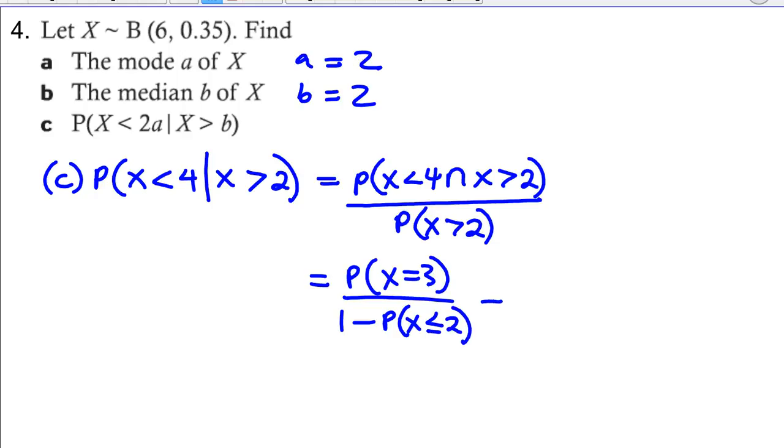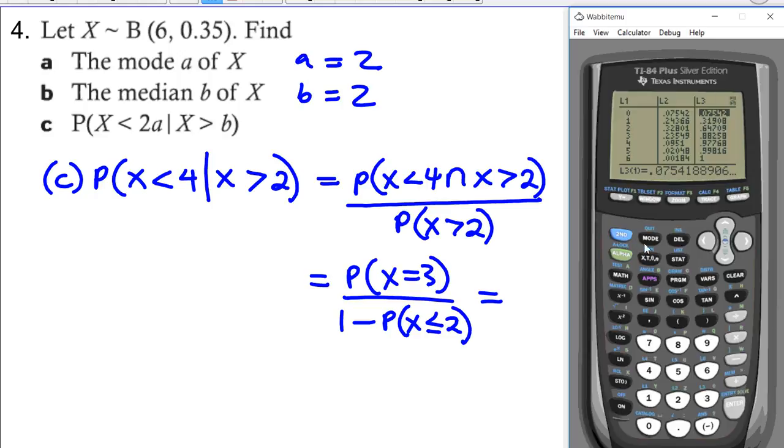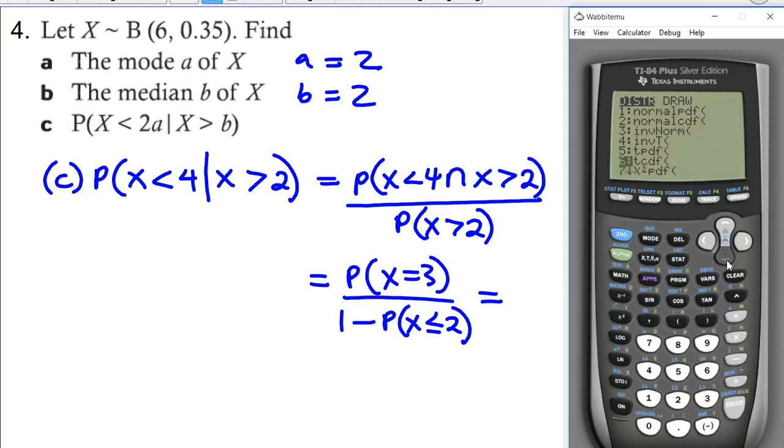All right, now if you plug that in your calculator, X is equal to 3. So here what we have to do is, okay, we have 6, 0.35, and the X value is 3.